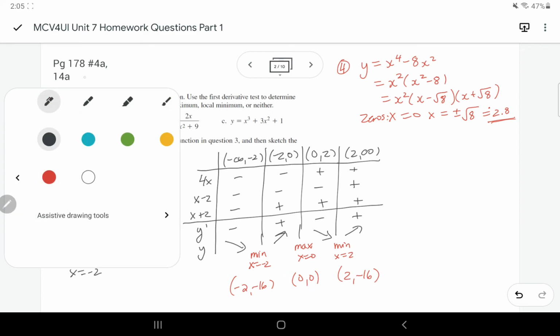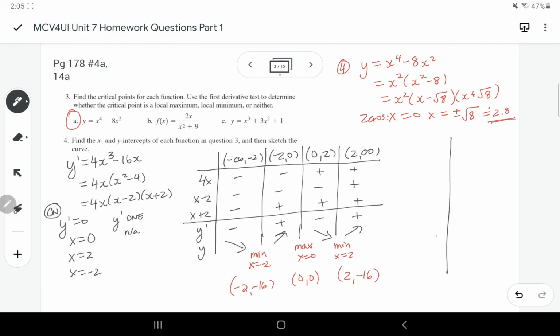So here, if I go and just do a quick sketch, and this does not have to be any kind of real detailed sketch.